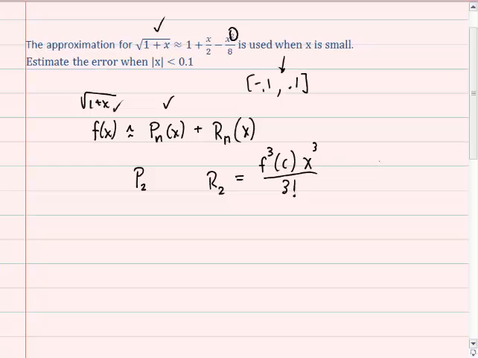The c value should be chosen with care within this interval, as I said before, to maximize the third derivative. We want to get a maximum bound on the error.